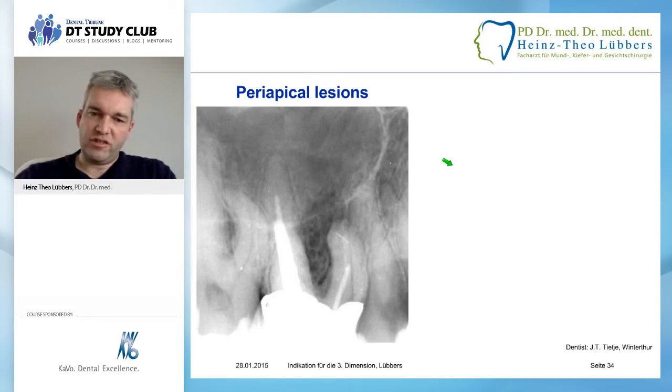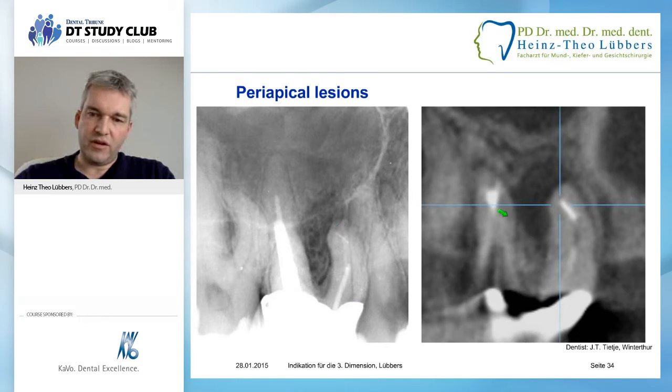Another case which is classic for 2D images of periapical lesions. This tooth here definitely has a periapical lesion, as you can see here. It's the root right here.